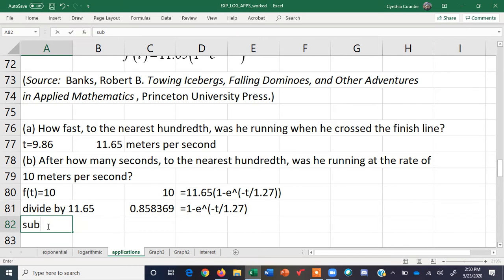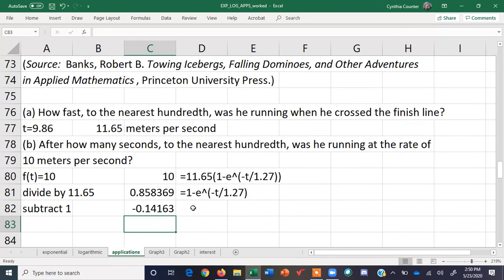So next, subtract 1. So equals this minus 1. Notice it's negative now. Space equals, and we just want this exponential part. Control-C, Control-V. All right. Oops, I forgot the minus there.